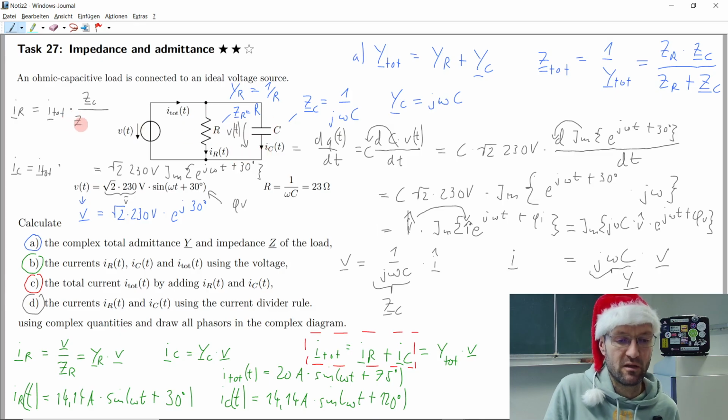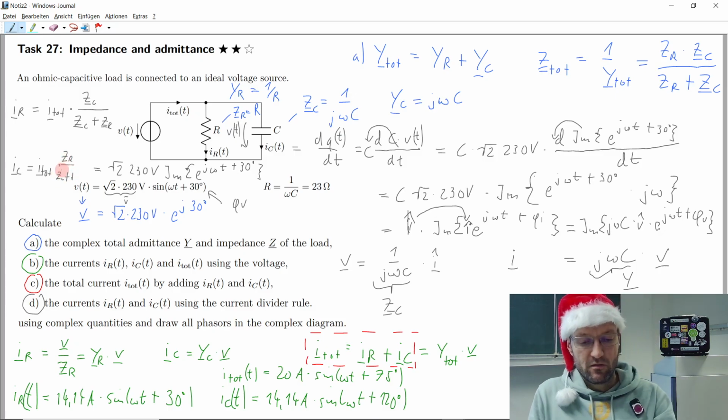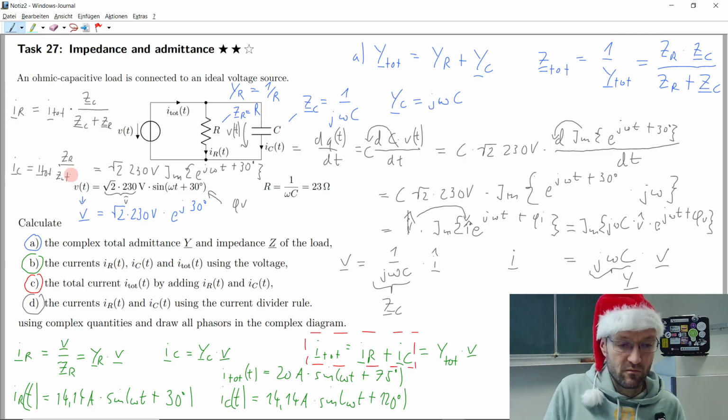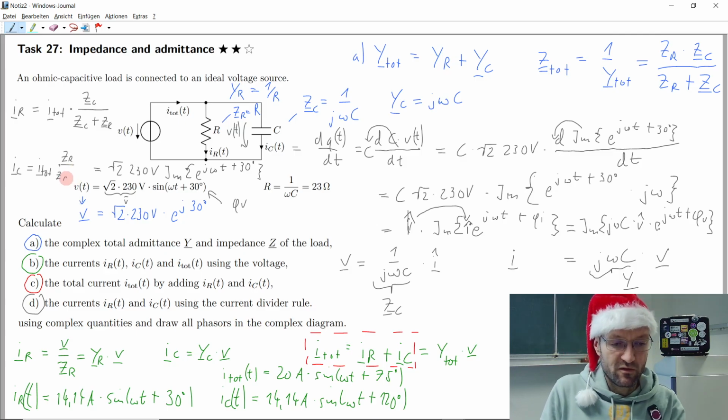So it would be ZC plus ZR. And here it would be the opposite: ZR divided by ZC plus ZR. Yeah, this way.